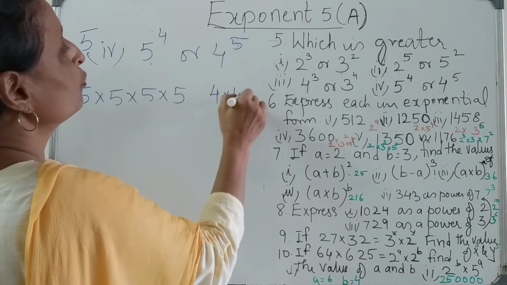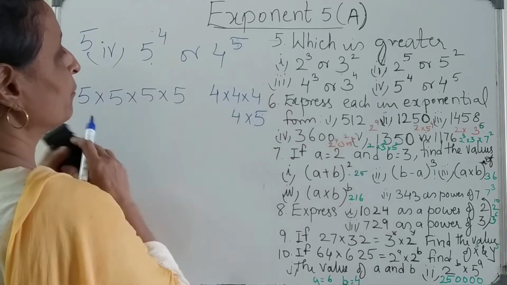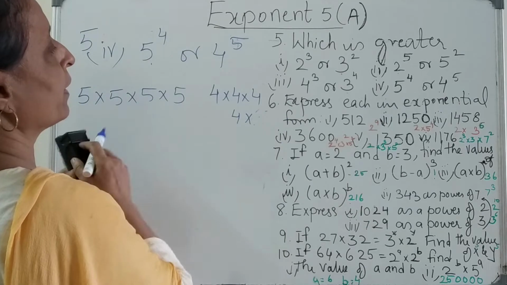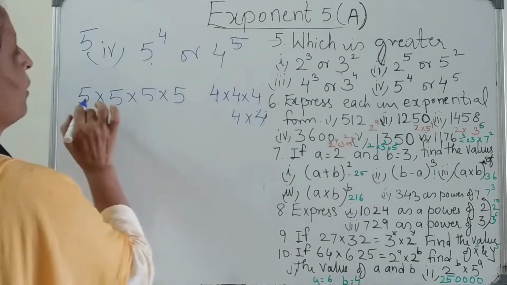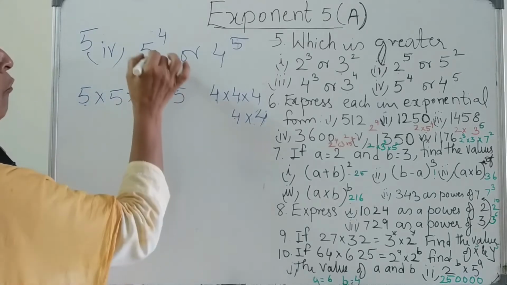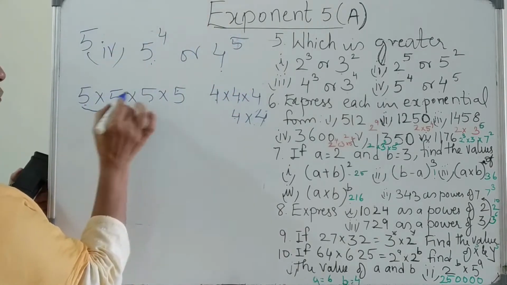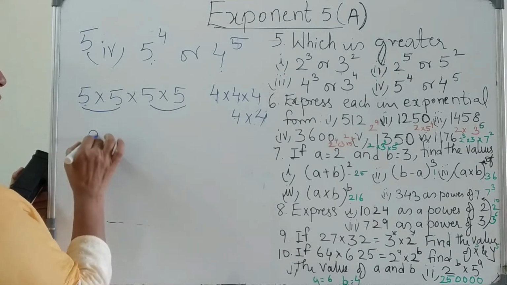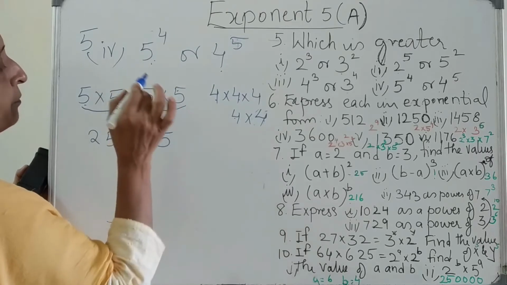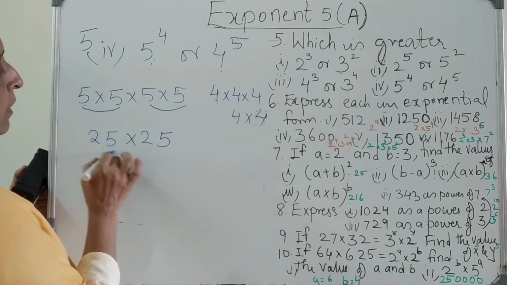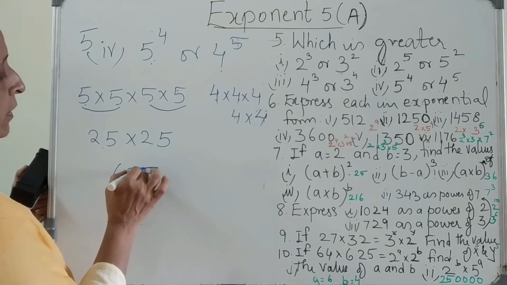Now 5 into 5 is 25, 25 into 25. If you multiply 25 into 25, it comes to 625.